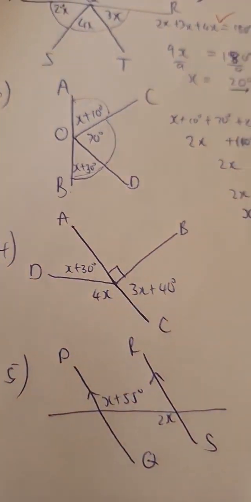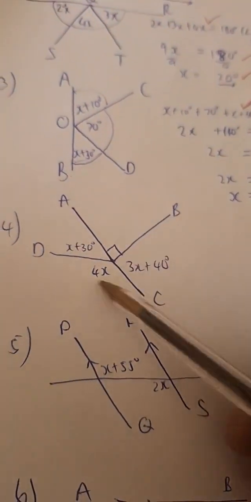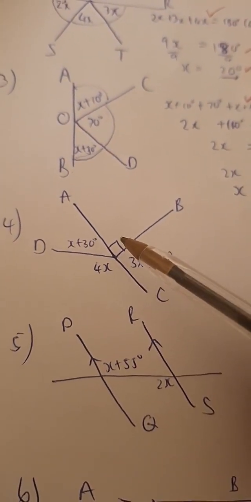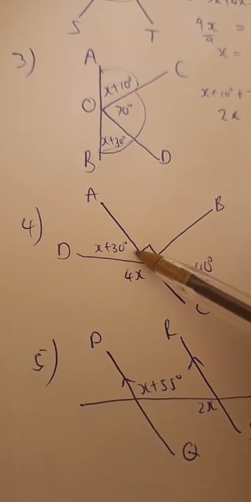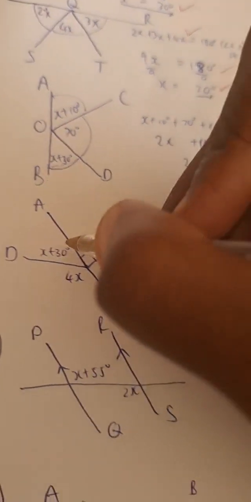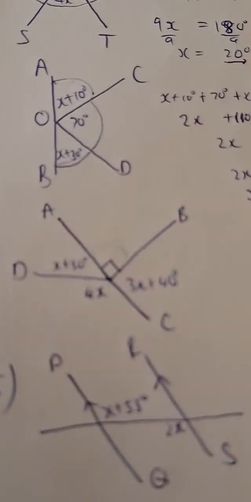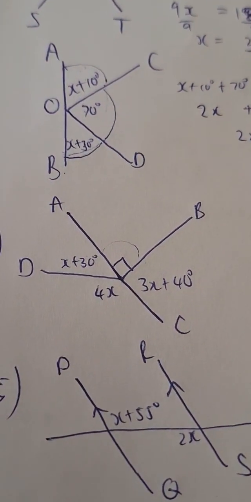Okay, let's look at this one. Here in this particular diagram, we can see this angle here, 90 degrees. Remember, the box stands for perpendicular, and perpendicular means angles equal to 90.